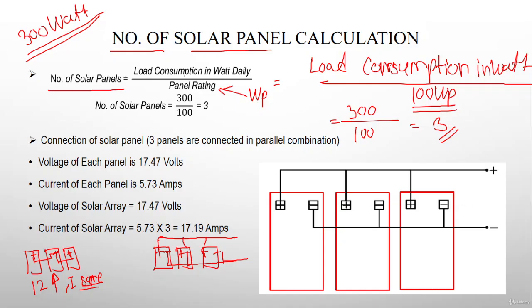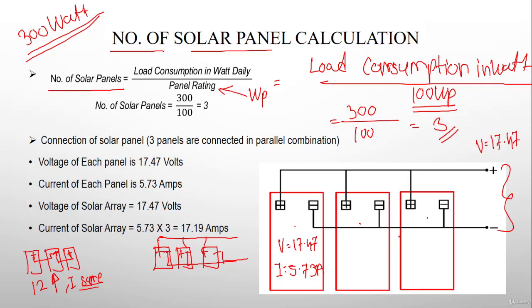Basically, let us see what output we get after connecting the panels in parallel combination. The voltage of each panel, we know, is 17.47 as the maximum power point voltage, and the current of each panel is 5.73 ampere. As the 3 panels are connected in parallel, the voltage will remain the same. So when we test with a multimeter, we get a voltage of 17.47 volt.